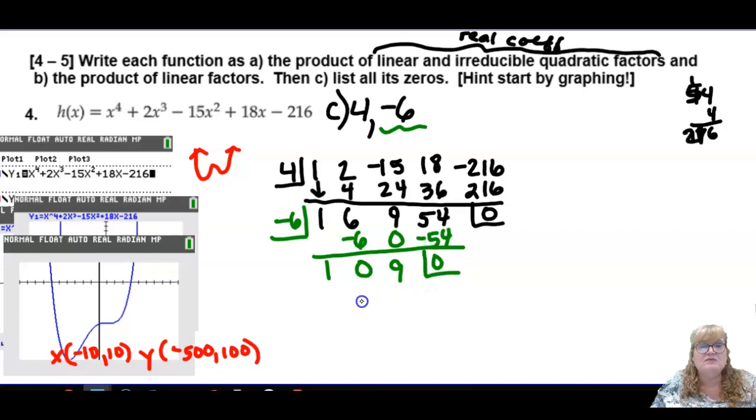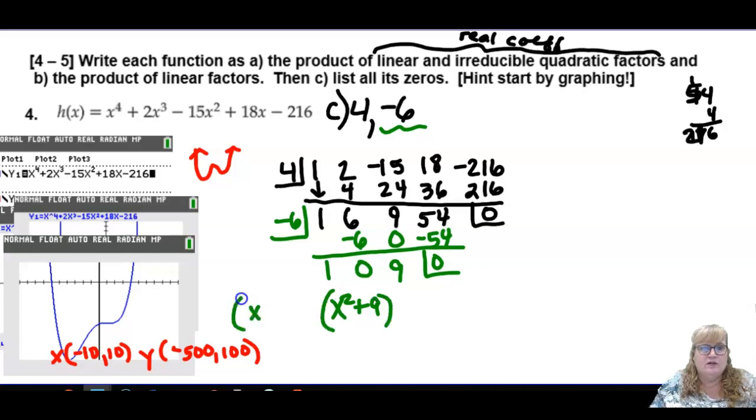Use your calculator if you have trouble with your facts. No shame. Okay, this is a constant. This is an x. This is an x squared because it has to be, this is your remainder. This is your constant. Power of 1, power of 2. So I have an x squared plus 9 left. Guess what?